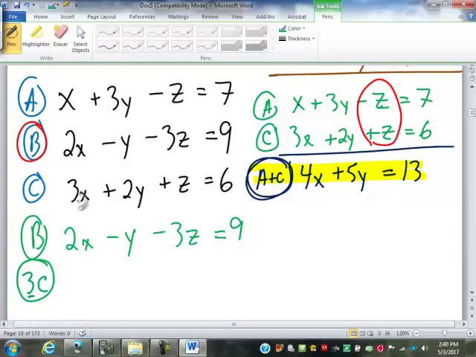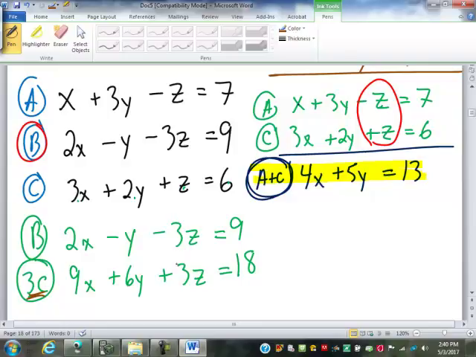So now 3 times 3x is 9x. 3 times 2y is 6y. And here's why we chose 3. 3 times z is positive 3z. Very good. Equals 3 times 6 is 18. By multiplying the equation C by 3, that gives me a positive 3z.